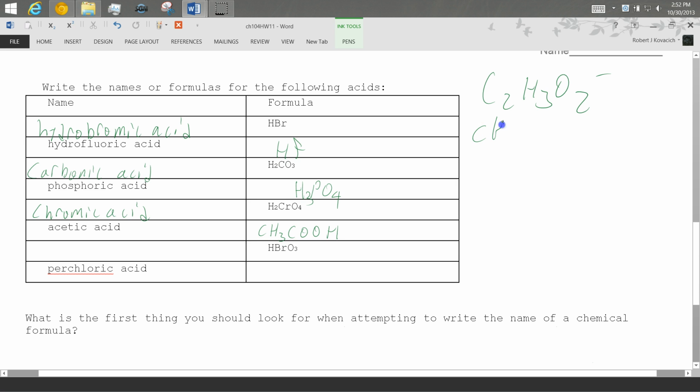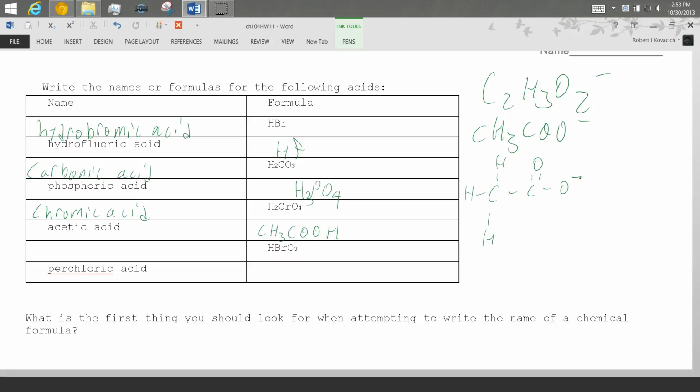They write CH3COO negative. So what that's telling you is I have a carbon, and there's an H, and an H, and an H. And then I have another carbon, and a doubly bonded oxygen, and an oxygen, and a minus charge. That minus charge is actually on that last oxygen.